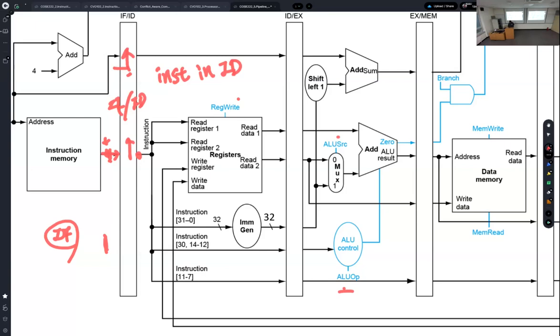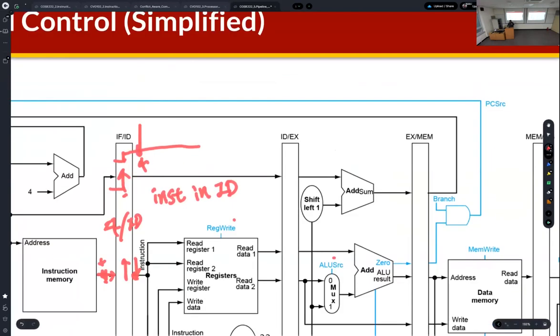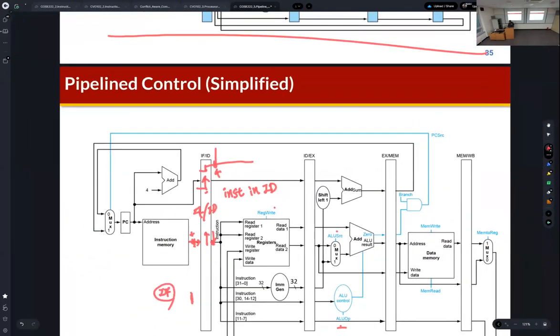So we can get the instruction at the early part of the ID stage, which means the control unit can receive the opcode. From the instruction, the control unit can receive the opcode in the ID stage, right?